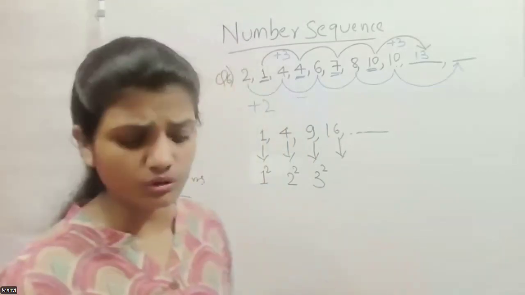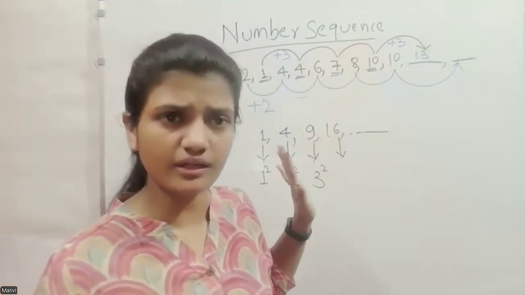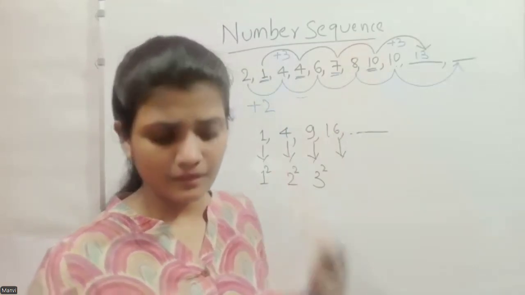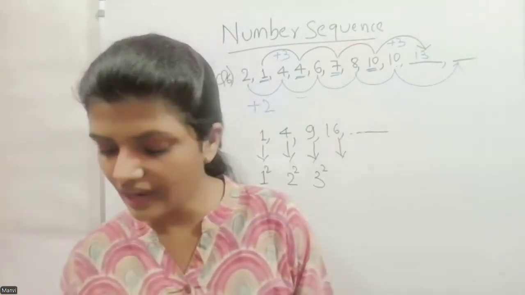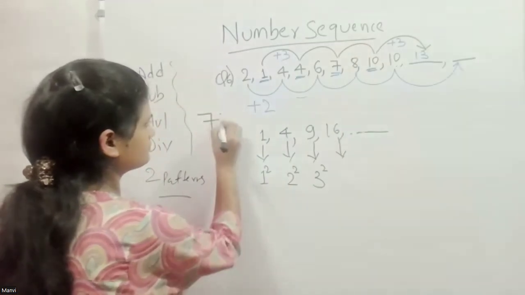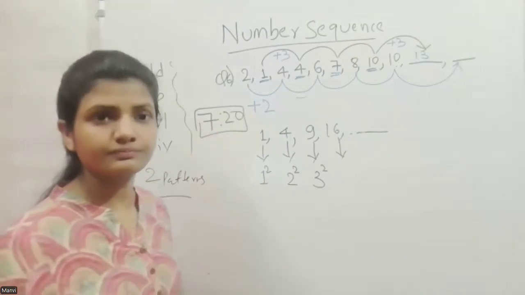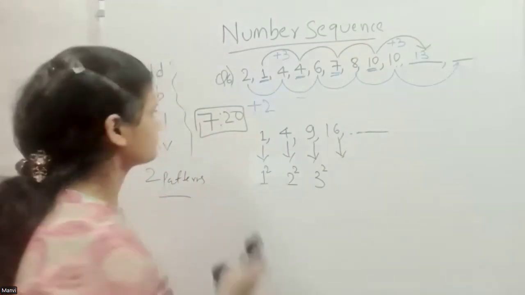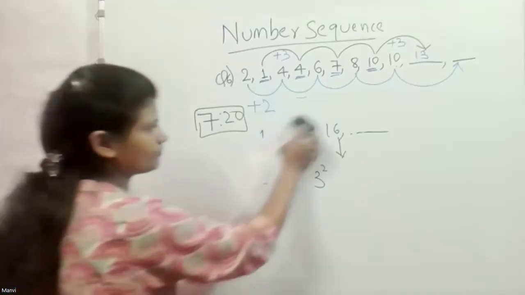We finished this whole part, we understood what the number sequence says. Now we start with factors, but after the break, we meet at 7:20. What is the time now? 7:17, so it's 3 minutes.